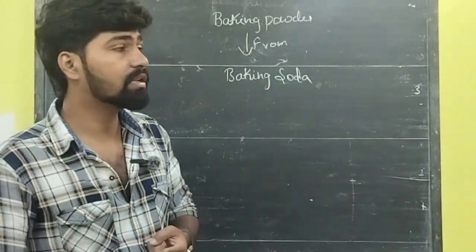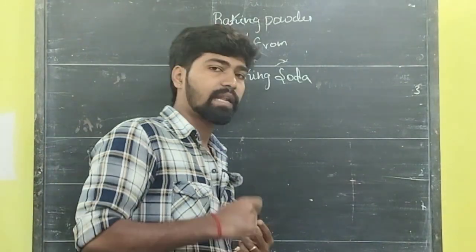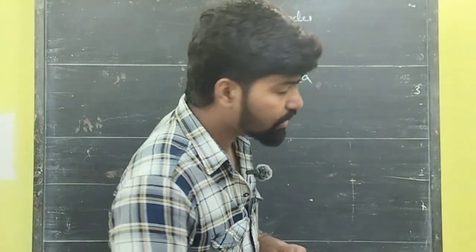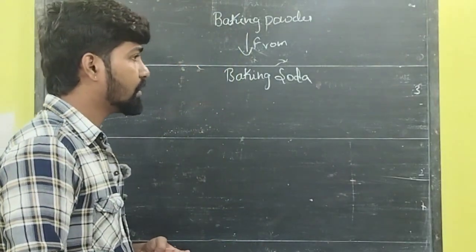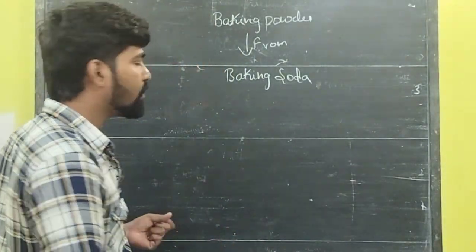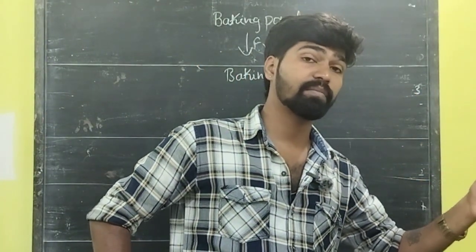Now, what are the uses of this? The most common is that we use it for food. Next, we use it as a fire extinguisher, which is called soda ash. If I get time, I might show you a reaction. It is also used as an antacid. Do you know what an antacid is? I told you about this in the importance of pH in our everyday life.